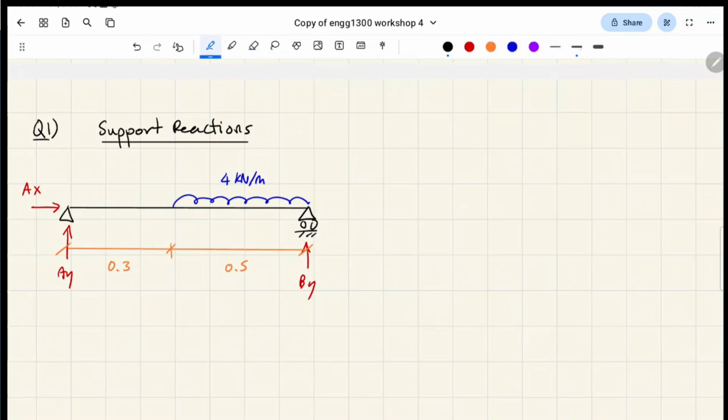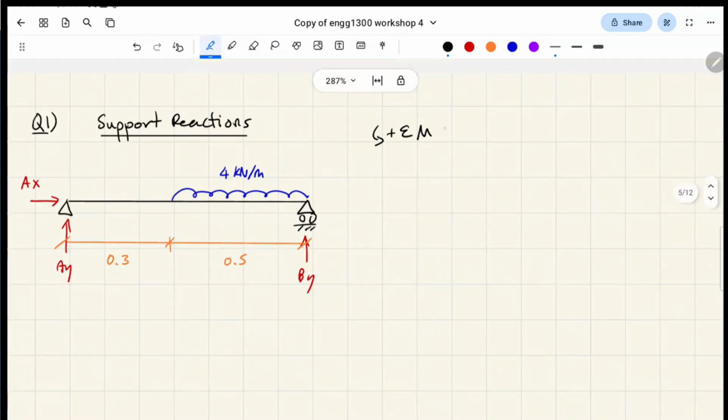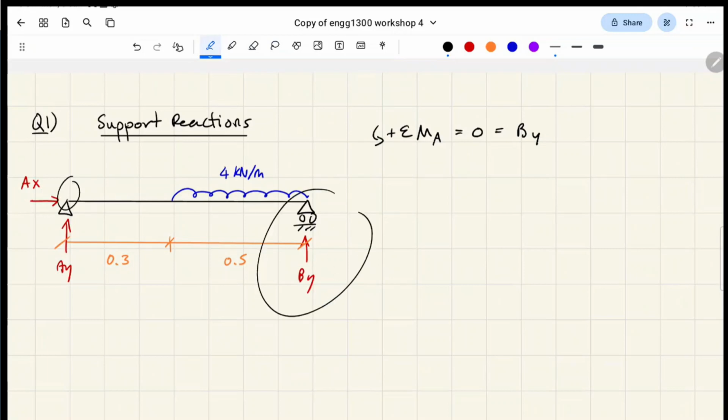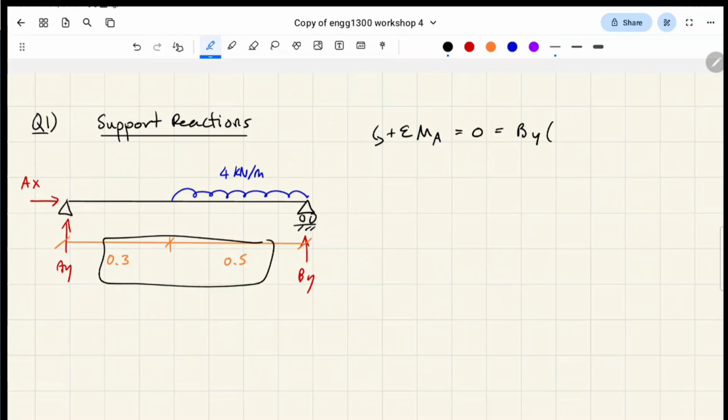So first, I take the sum of the moments, because if we take the sum of the forces in the y direction, we'll have two unknowns, so that's not good. We can take the sum of the moments about either A or B. I'm going to choose to take it about A. So if we're taking it about A, then By is going to be positive because this arrow is going to cause a counterclockwise spin, and the distance is 0.8 meters away.